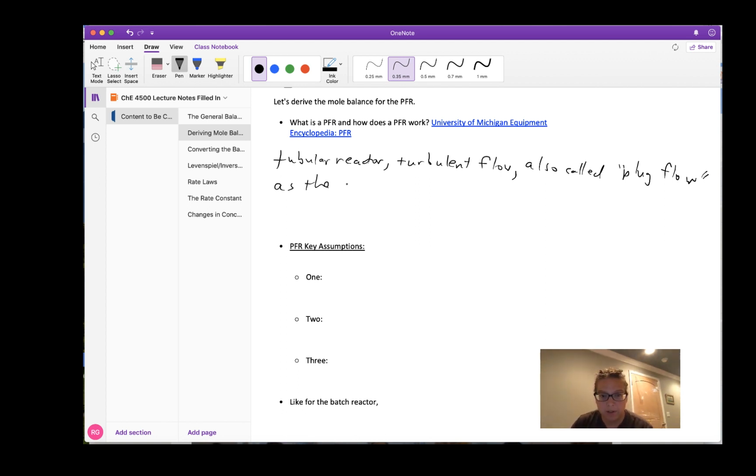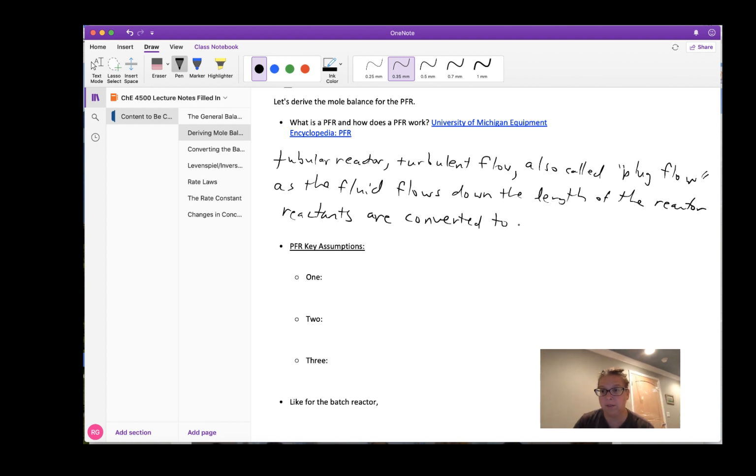As the fluid flows down the reactor, reactants are converted to products.